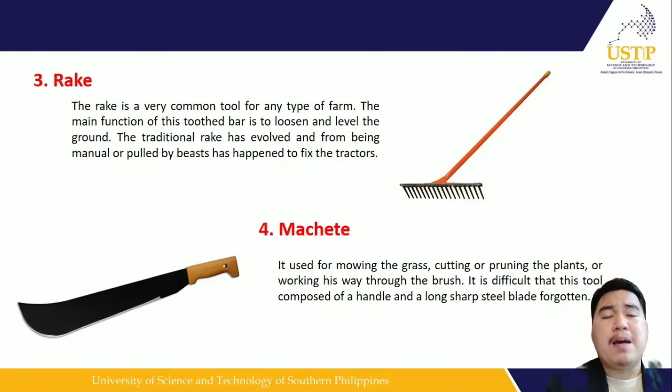Or pwede po siya pang slash out in clearings sa mga crops. So again, it's very common siya, no? And it is also a very important tool used in maintenance of crops. Alright? So, muna siya ang machete.